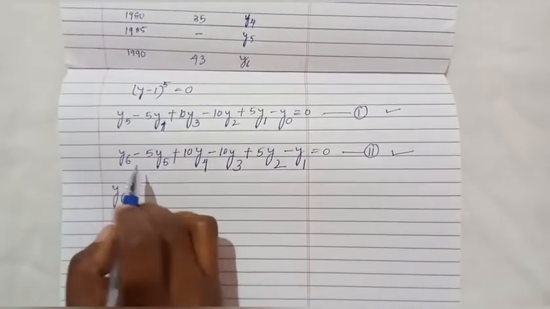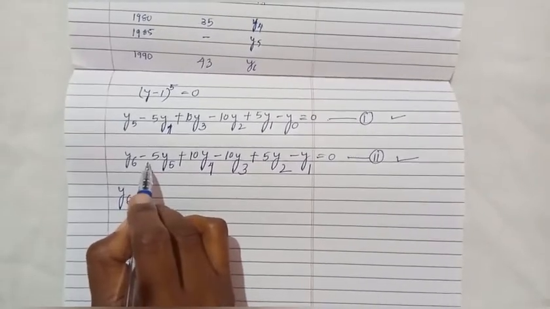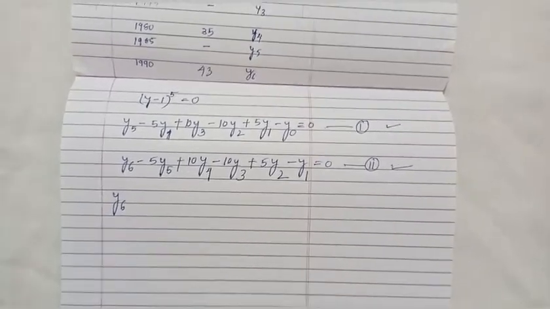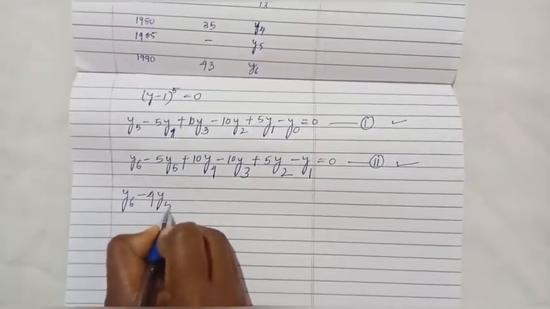For y5: here we have y5, and here minus 5y5, so minus 5y5 plus y5 gives minus 4y5.